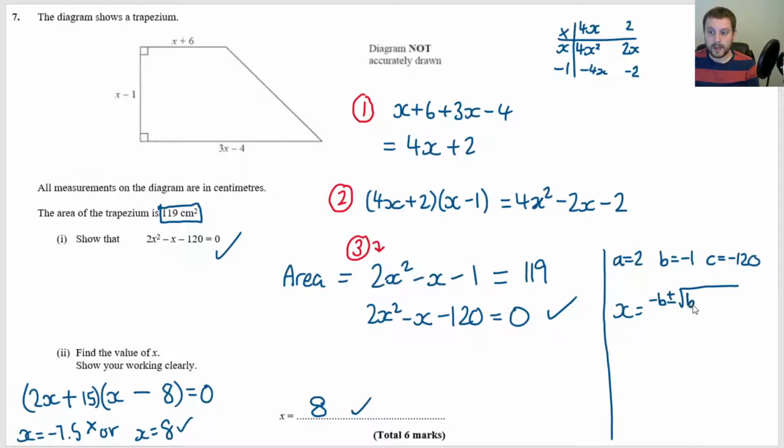This is a formula you need to try to remember, by the way, because you won't get told it in the exam: minus b plus or minus root b squared minus 4ac, all over 2a. So this is minus 1, which is just going to be plus 1, plus or minus the square root of minus 1 squared, take away 4 times 2 times minus 120, all over 2 times 2.